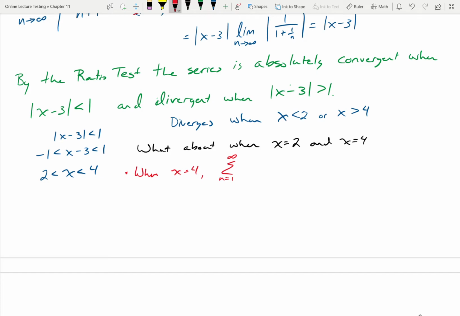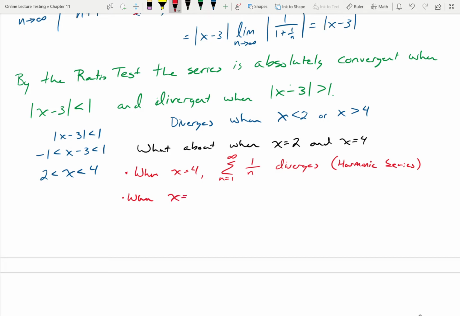Well, x is 4, so we get 1^n, so that's just 1, divided by n. Well, this is the harmonic series.